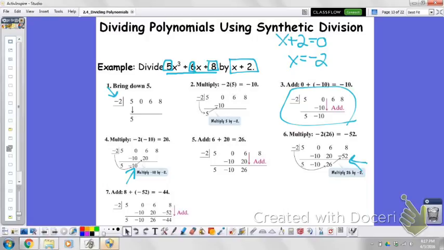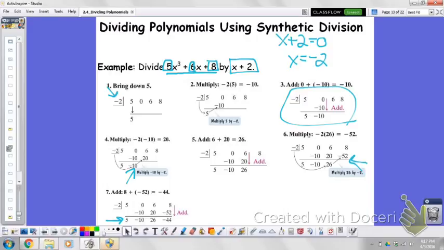So we were out of room on our synthetic division table. So that means our final answer is going to have a remainder. So we will take this row right here, and that is our answer. And our answer is always 1 degree below our original dividend.